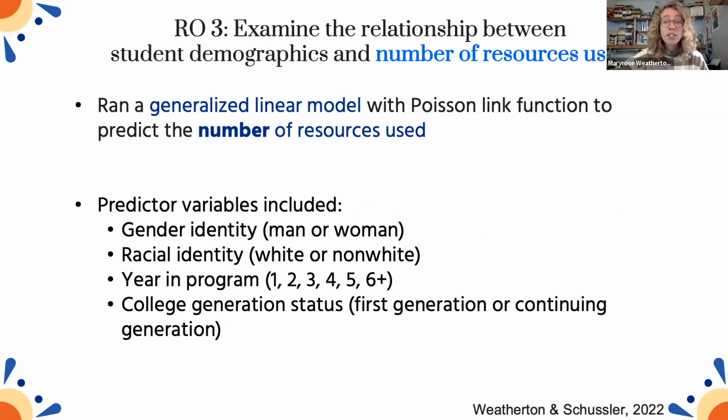To examine the relationship between the number of resources that students are using and their demographic characteristics, I ran a generalized linear model with a Poisson link function and demographic characteristics as my predictor variables. Again, those demographic characteristics that we collected in this survey were gender identity, racial identity, year in program, and college generation status.